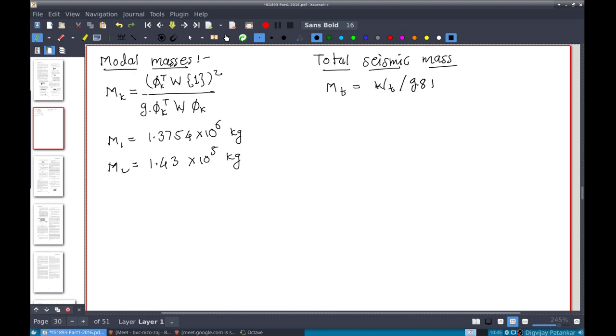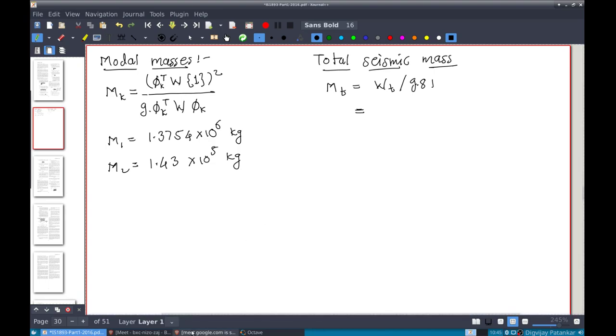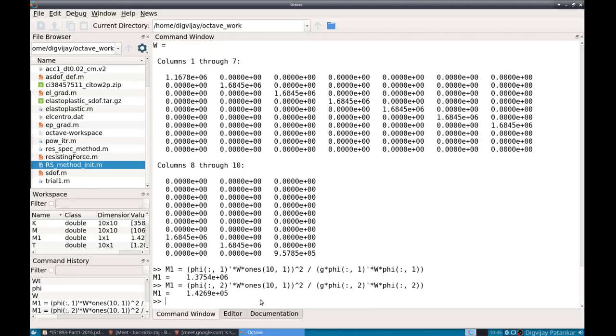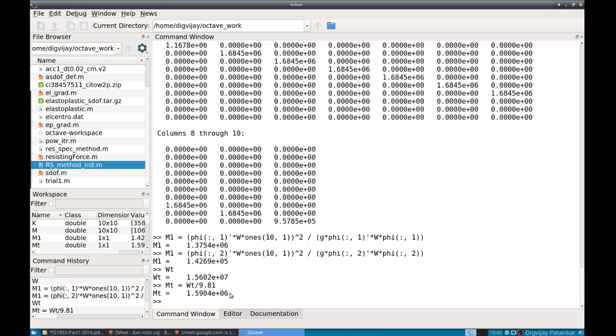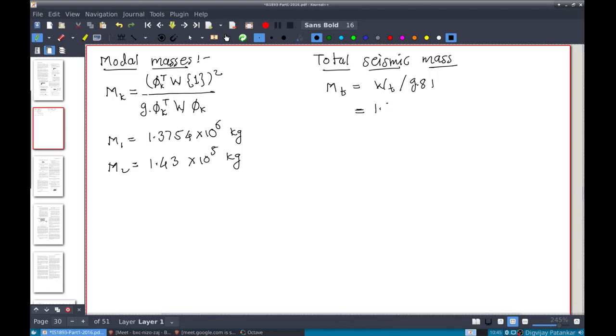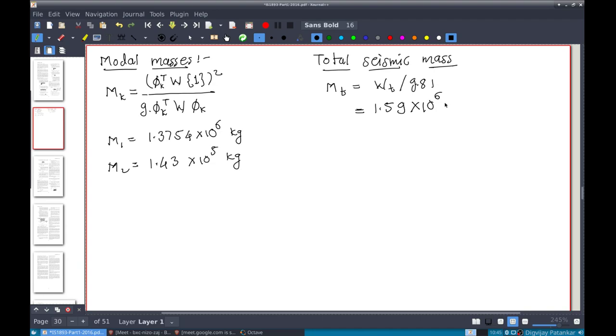So seismic weight we have calculated total, divided by 9.81. That is 1.59 into 10 to the power 6 kg.